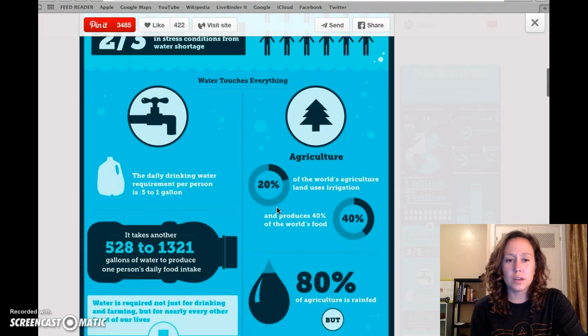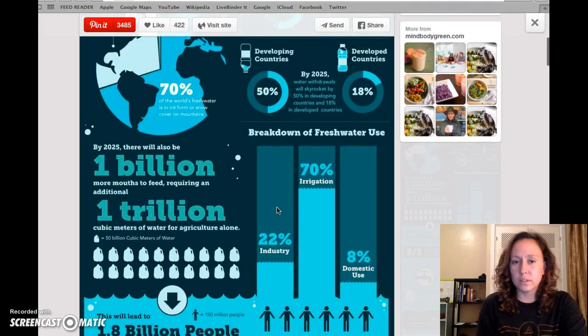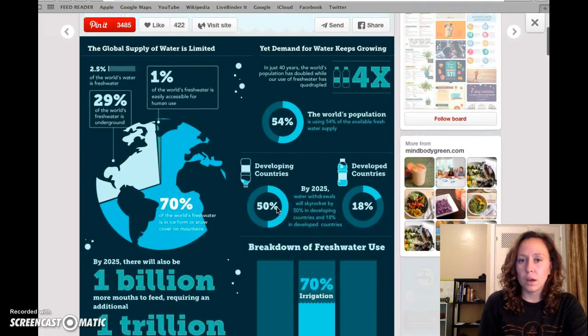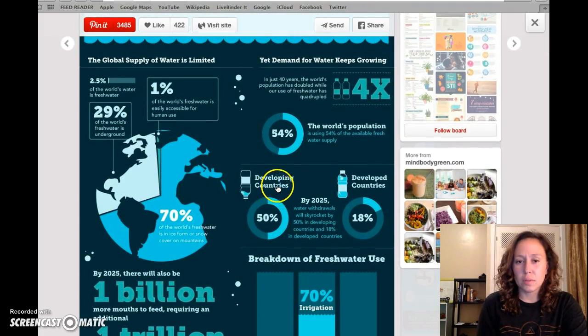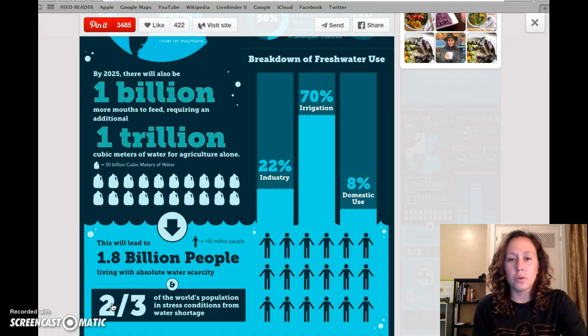Notice that they present it in different ways. They have a consistent color theme, but they talk about different situations and they discuss numbers, and they make the infograph fit their theme.